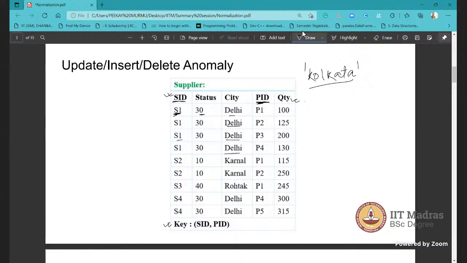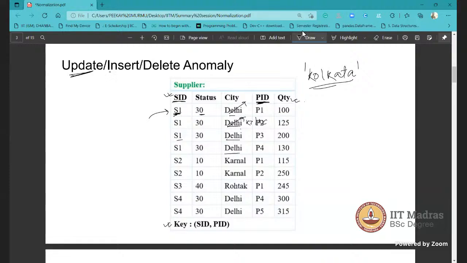Suppose you update this one and this one to Kolkata, but you miss these two. At a later time, when you search where SID S1 belongs, you get two answers, Delhi and Kolkata. So it is redundant, right? This particular problem is known as the update anomaly.